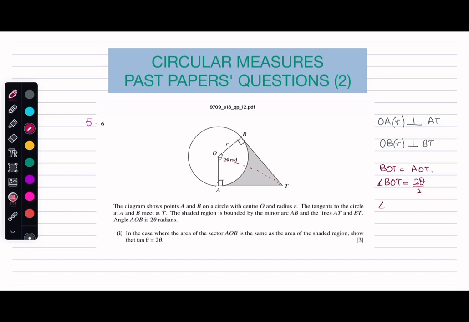Or we can say the angle BOT or the angle AOT, they should be equal to theta radians. So these are the few concepts that we have to know before starting this question.